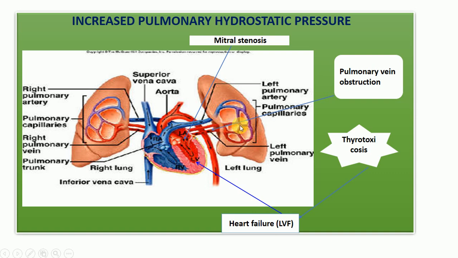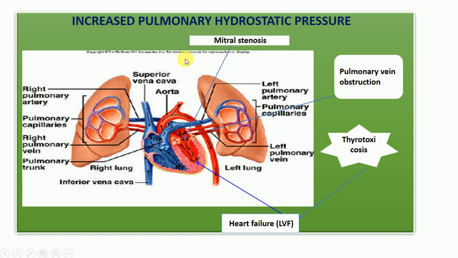The blood will accumulate within the lungs, and therefore there will be a build-up of hydrostatic pressure, which will force fluid to move out of the lung vessels and enter into the interstitial parts of the lung, which will cause interstitial edema or alveolar damage and alveolar edema.